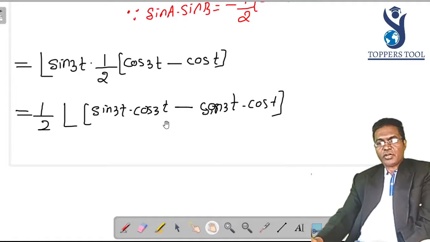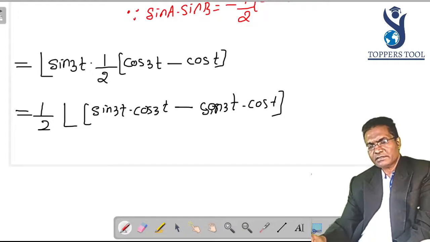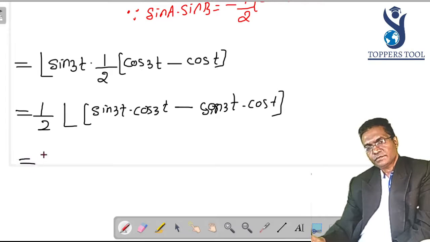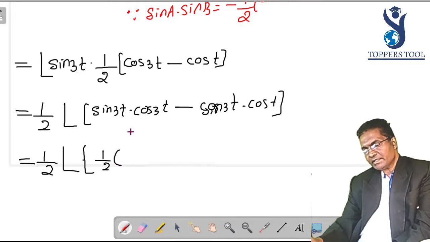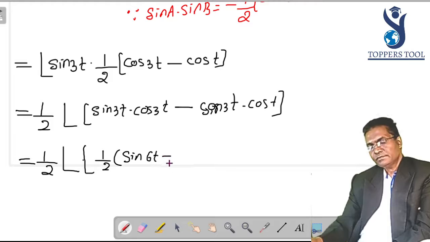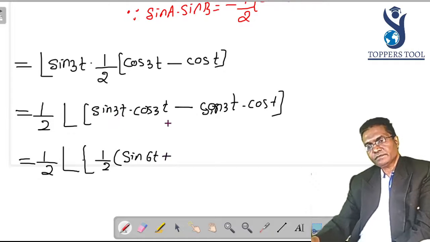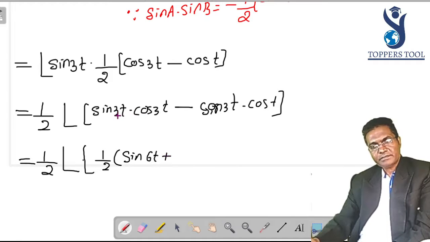So again you got sine into cos. So use that transformation formula that I had given earlier. It's 1 by 2 L of, okay, sine A cos B. So 1 by 2 sine of A plus B. That is sine of 6t plus sine of A minus B. That is 3t minus 3t is 0.